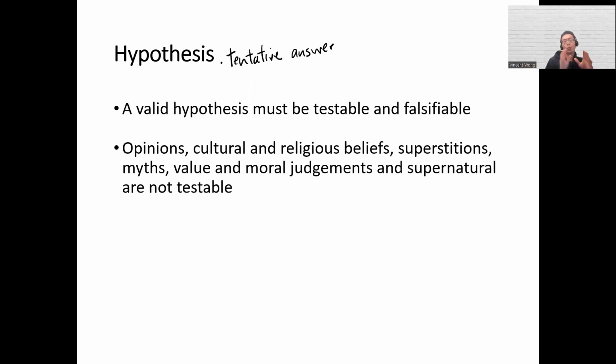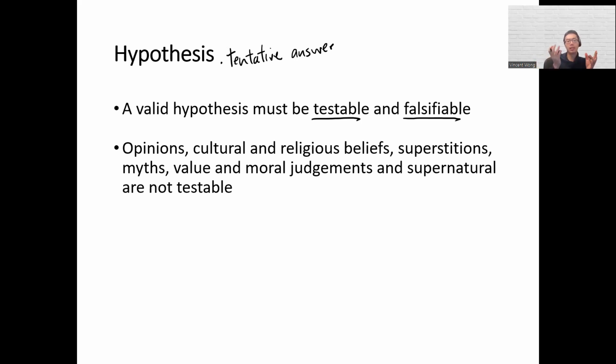Yeah. So in order for a hypothesis to be valid, it must satisfy two conditions. It must be testable, and it must be falsifiable. Testable is pretty straightforward. It means you must be able to conduct an experiment to verify whether the hypothesis is correct.